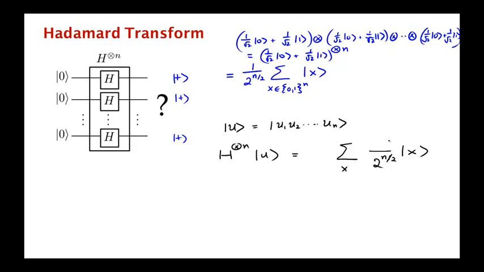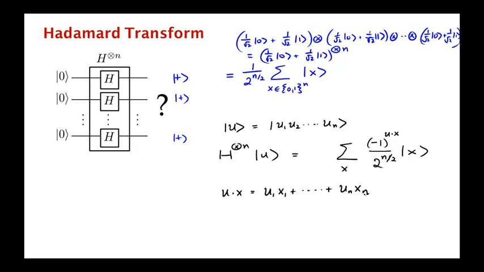So when do you get a plus sign and when do you get a minus sign? Well, you get (-1) to the u dot x, where u dot x is u1 times x1 plus dot dot dot plus un times xn.